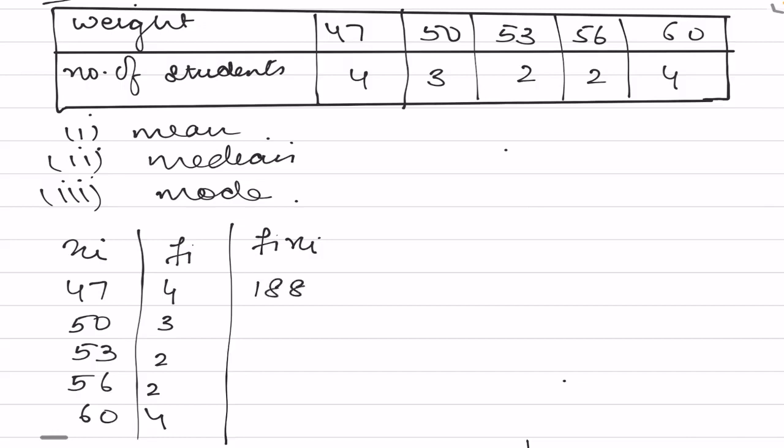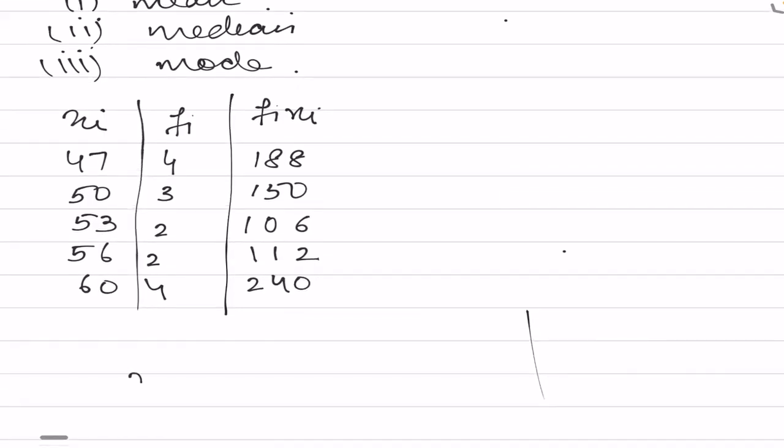So 47 into 4 is 188, then 150, then 106, then 112, and then 240. As we know, the formula for calculating the mean is summation of fi xi upon summation of fi.